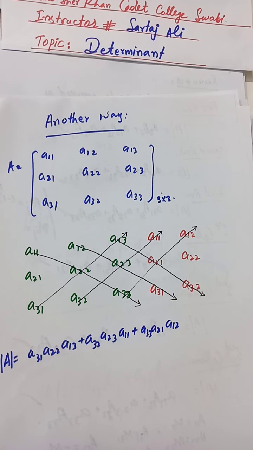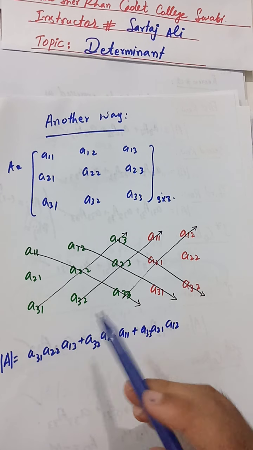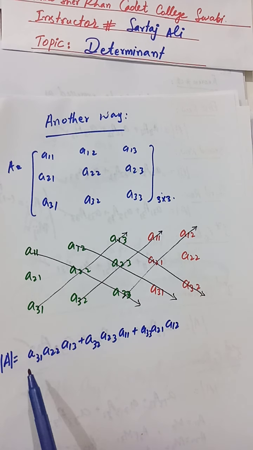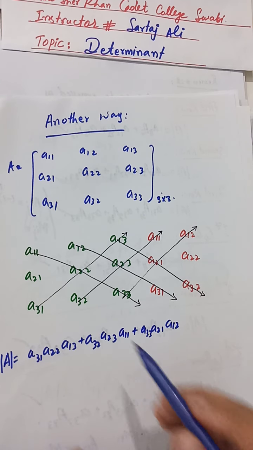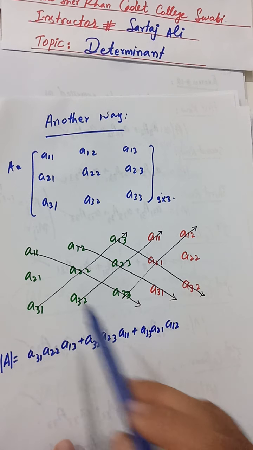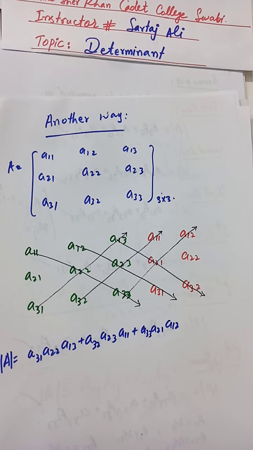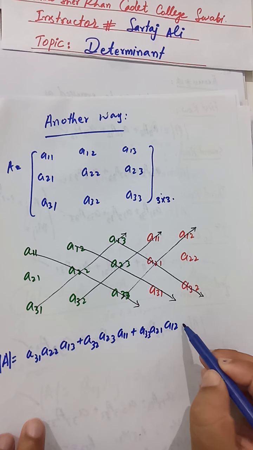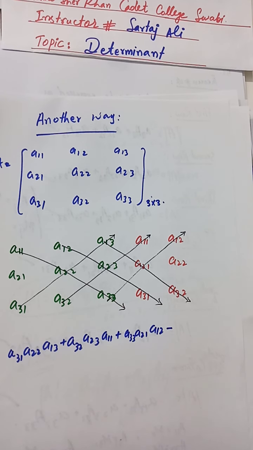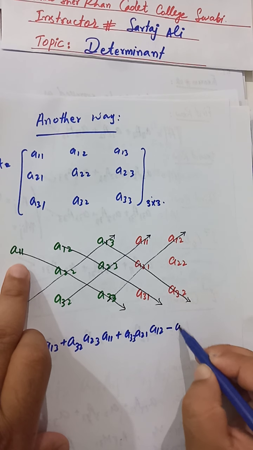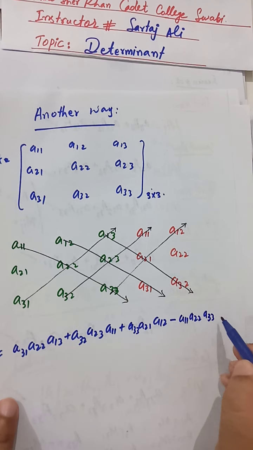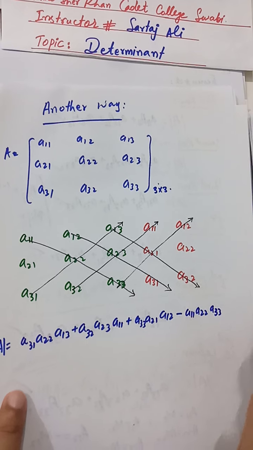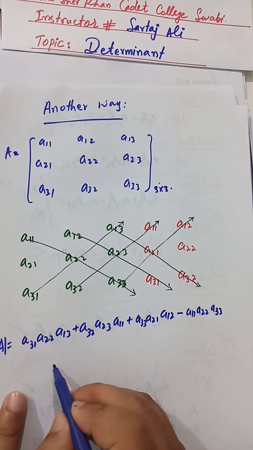When the arrows are directed upward, the sign with the multiplication of the elements is plus, and the arrows directed downward will also be multiplied, with the sign minus in that case. So minus A11, A22, A33 you will write in here, but there is no place, so I am writing it here.